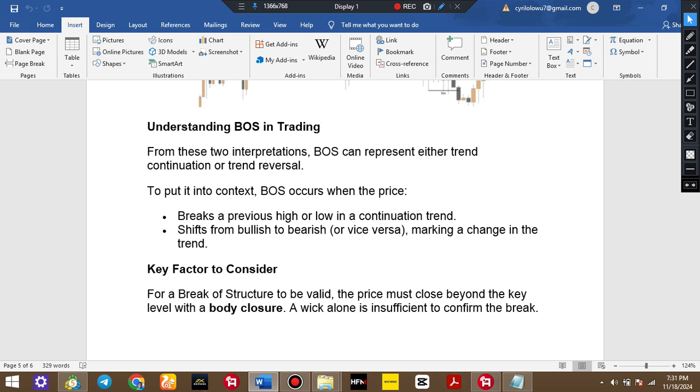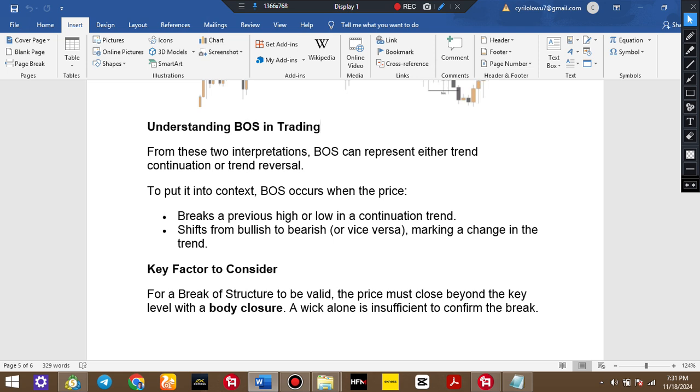Or this price is no longer bearish, it is now bullish. So it will be very easy for you. There are some people who don't even draw trend lines on their chart, and once they open their chart, they can tell you, oh, in the 4 hour price is bullish, in the 1 hour price is bearish, in the 15 minute, it's just because they can easily see the structure within a second. They can easily see what price is doing.